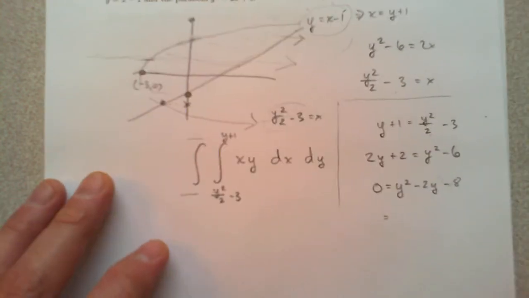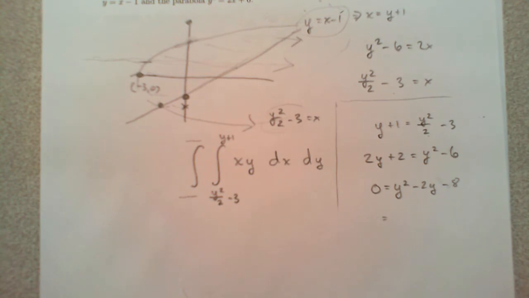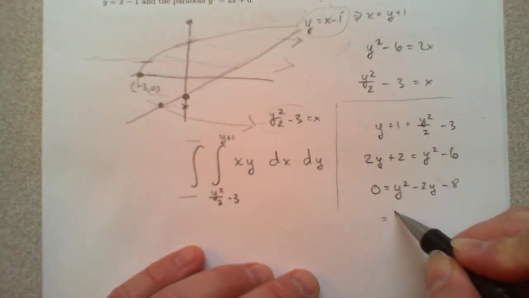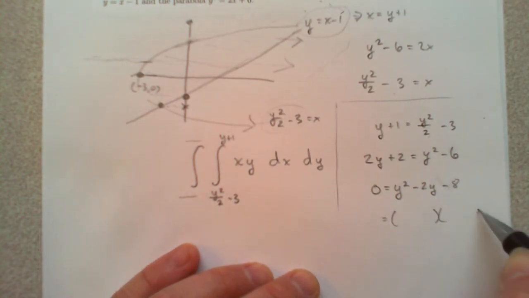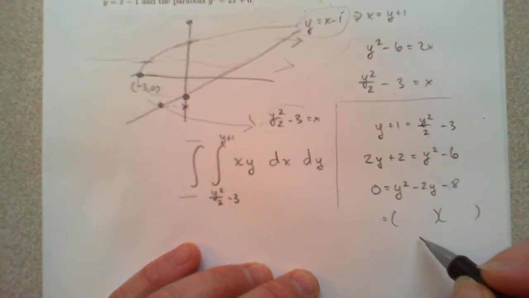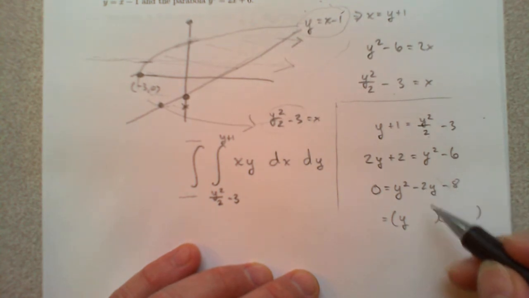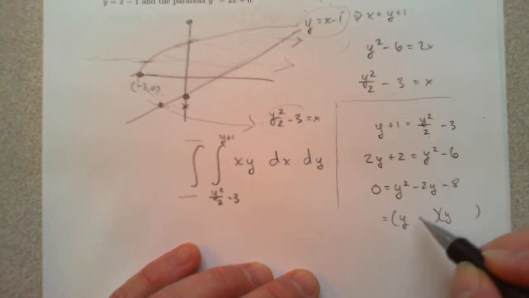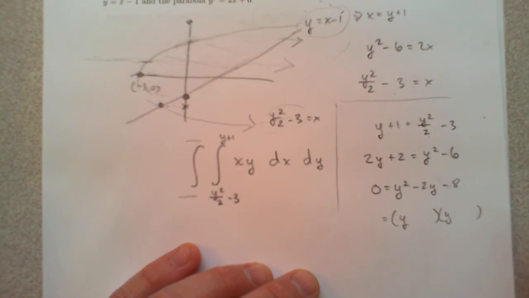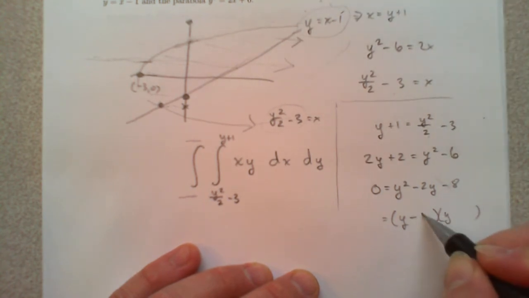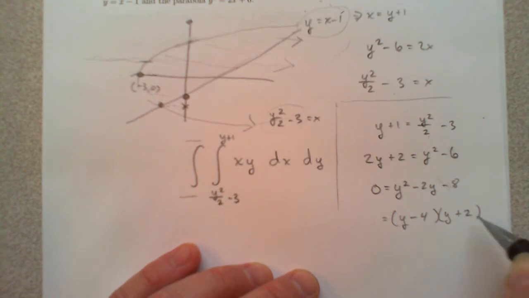Now, if you can factor this, go for it however you can, or if not, run the quadratic formula on it. But this one you can see you need two numbers such that they multiply to -8 and add to -2. That's going to be 4 and 2, so we need -4 and +2.